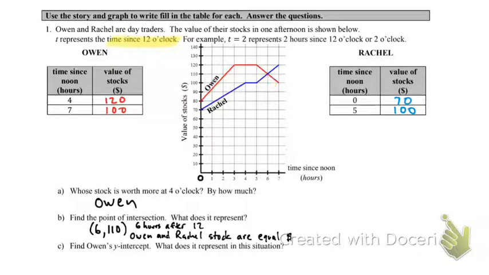Now it says find Owen's y-intercept. What does it represent in this situation? Let's look for Owen's graph. His y-intercept is where it touches the y-axis, which is the value of stocks in dollars. Owen's y-intercept is 0 comma 80.